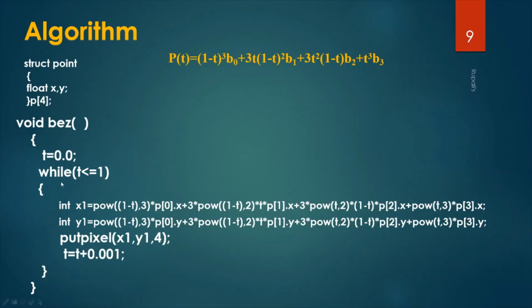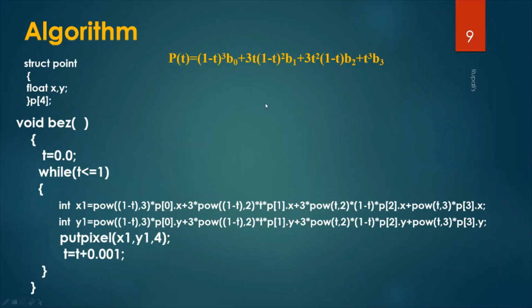Okay. So now first write this equation for x coordinate and again write this equation for y coordinate. If you write this equation for x coordinate, you have to write pow(1 minus t, 3) times p0.x, and in case of y you have to write p0.y.